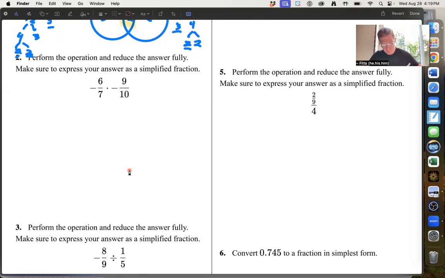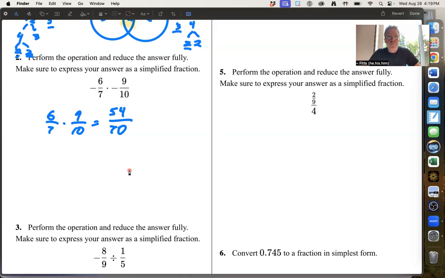What is 6 times 9? Remember, we're going to multiply across. So that's 54 over 70.